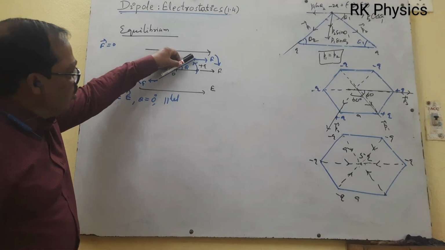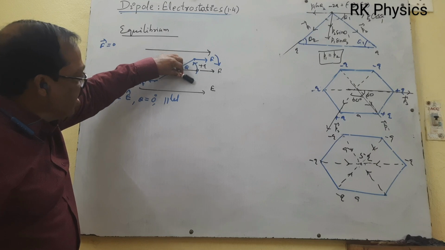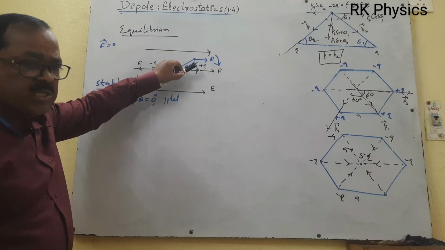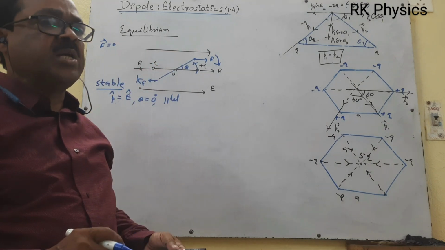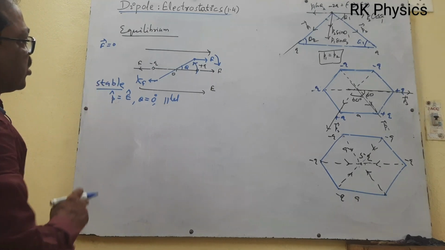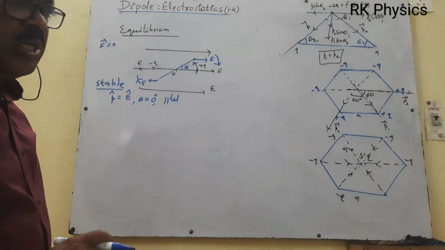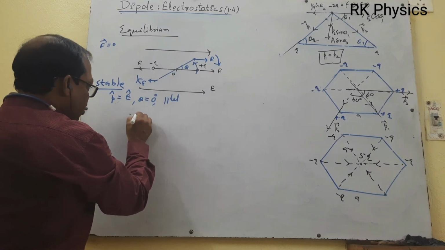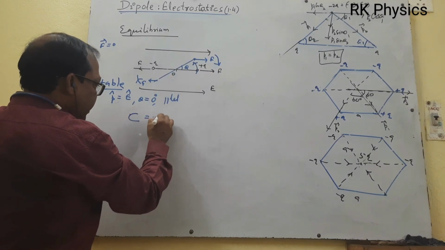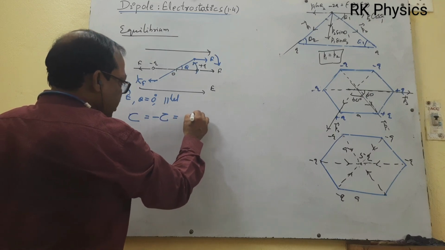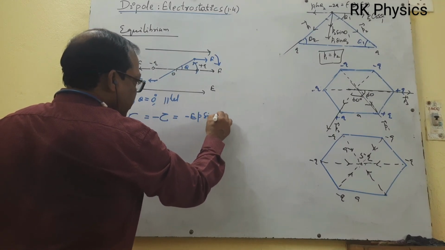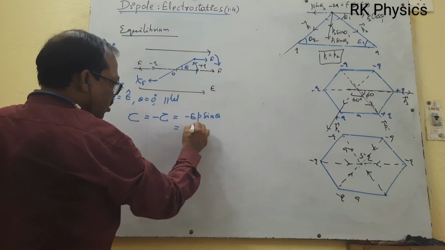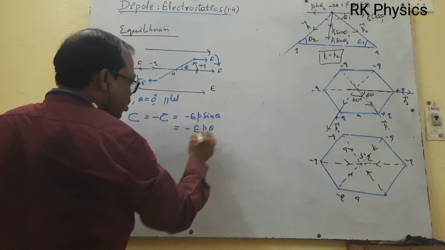Now if you rotate the dipole in the opposite direction, it also has some tendency. That means in case of stable equilibrium, the dipole will execute simple harmonic motion. Then the restoring torque, which is the negative of the applied torque, equals EP sin theta. Practically theta is very small, so you write EP into theta.